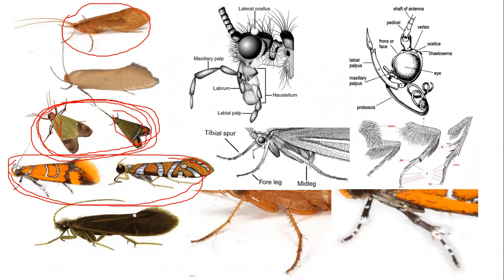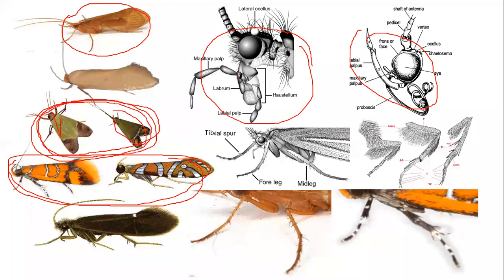It's not actually always easy, because some primitive groups of moths still show some characteristics which are very similar to trichopterans. However, most major groups of moths can be sorted out from trichopterans based on their mouthpart characteristics. You are seeing here that the left image belongs to the mouthpart of trichopterans, while the right side is the mouthpart of a lepidopteran.